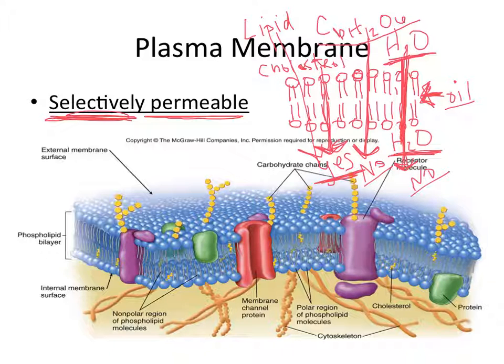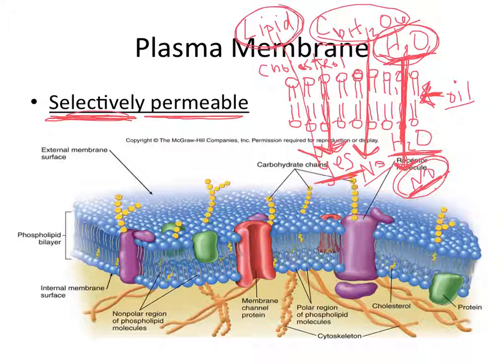If something is soluble in water, like glucose or even water itself, it cannot pass through the plasma membrane. So no, it cannot pass through. But if something is hydrophobic, another kind of lipid, would it be able to pass through the plasma membrane? And that answer is yes, it would be able to pass through.